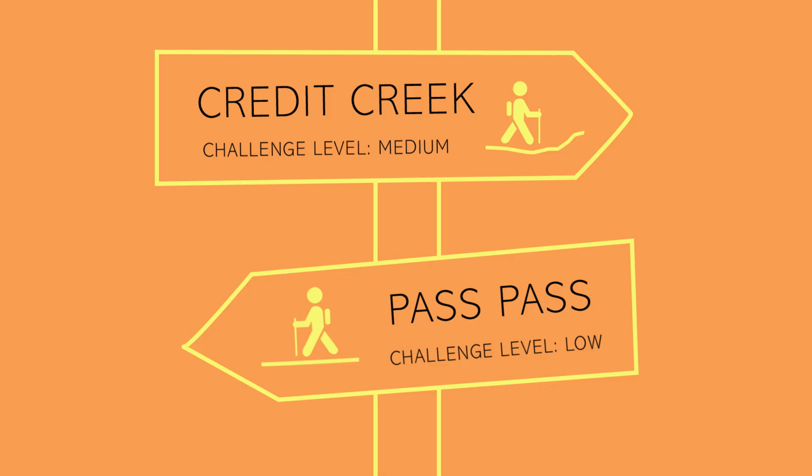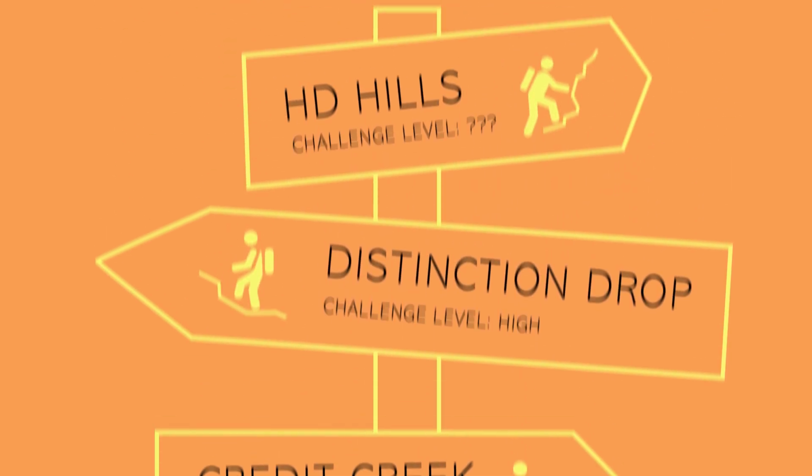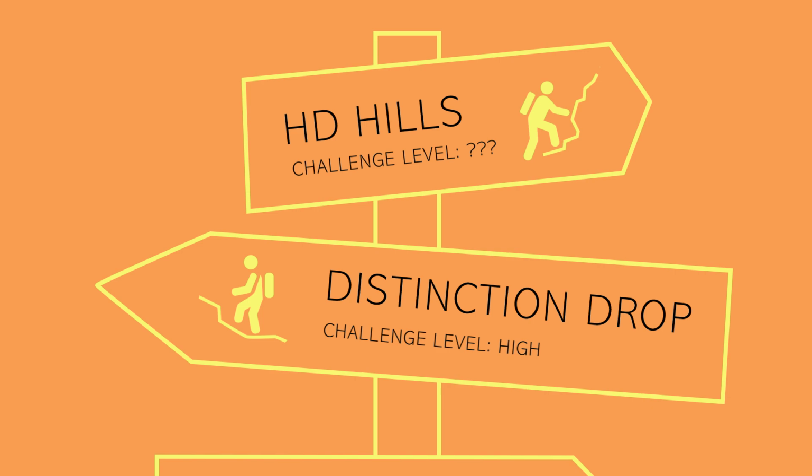For example, pass and credit tasks will be fairly scaffolded, and you'll be working with specific guidelines and instructions. Distinction and high distinction tasks will require you to be more independent, to go deeper into the concepts and engage creatively with the unit content. At this level, you'll be setting your own direction and pace, but we'll help you keep it manageable.